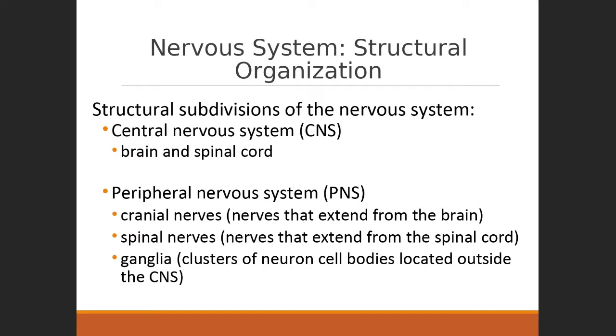Any nervous tissue found within those structures is going to be considered central. As soon as those nerves pass through an opening in the skull or pass through those intervertebral foramen on the lateral sides of the vertebral column, then we move into our peripheral nervous system.